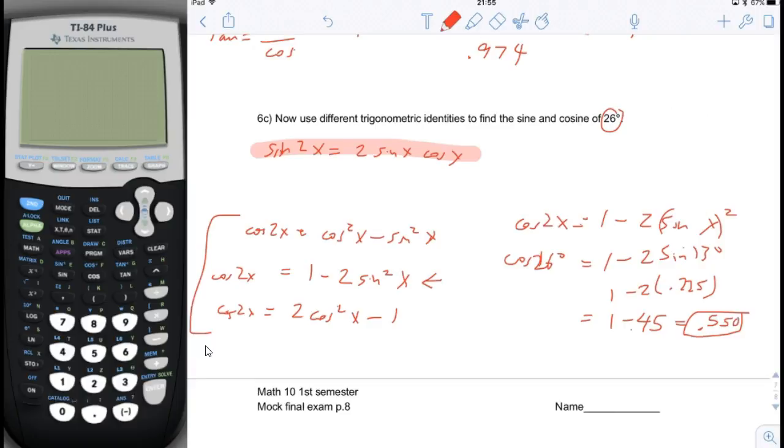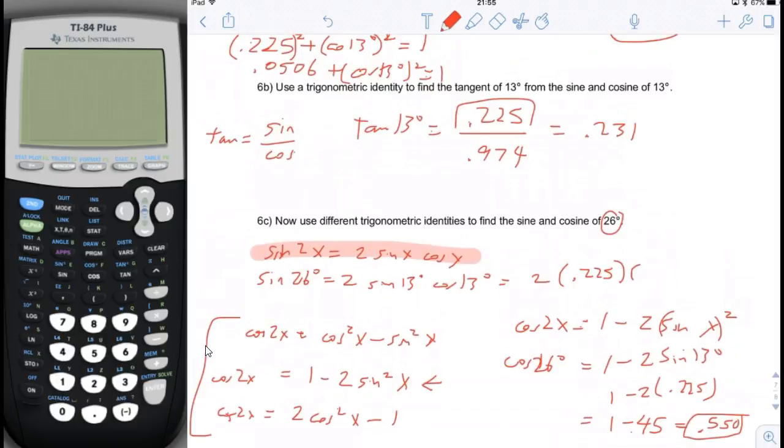All right, what about the sine of 26 degrees? Now we're going to use this one. So the sine of 26 degrees is equal to 2 times the sine times the cosine of 13 degrees. So it's 2 times the sine of 13 degrees times the cosine of 13 degrees. So that would be 2 times the sine we know is 0.225, and the cosine of 13 degrees we just found out is 0.974.